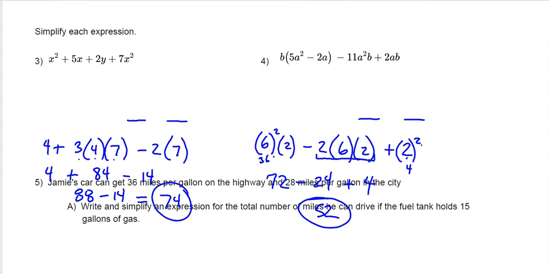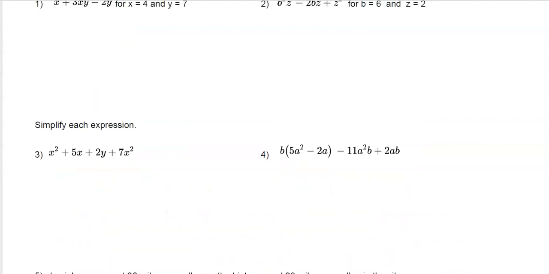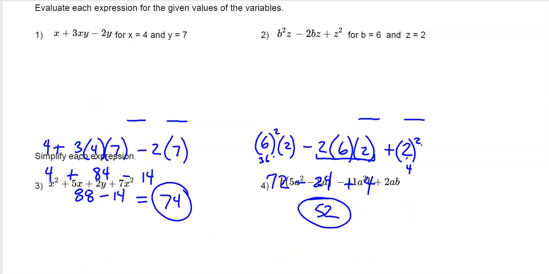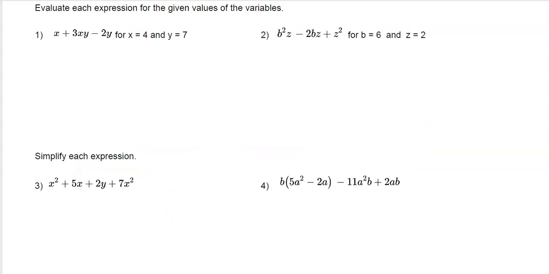Be careful. I just want to say one thing about this previous section. Be careful whenever you have a negative sign to put in place. So, for instance, pretend that this said z equaled negative 2. When you do this last portion and you do z squared, you're going to punch that in as negative 2 squared, which in that case is going to be negative 2 times itself, which would be positive 4.